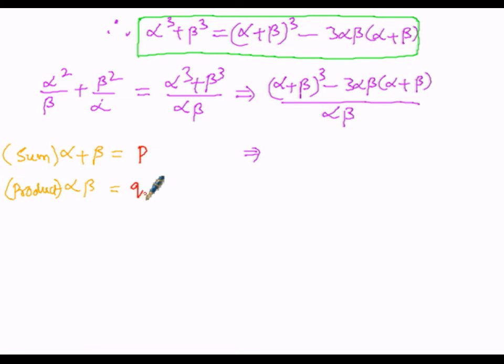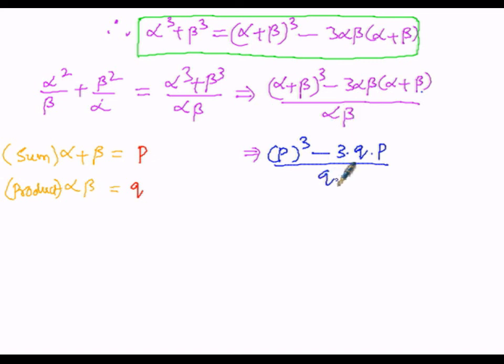By substituting these values, we will be getting the next logical step as: alpha plus beta is nothing but p, so p whole cube minus 3 into alpha beta, so alpha beta is nothing but q, into alpha plus beta, the sum of the roots, is p, overall divided by alpha beta. Alpha beta value is q.